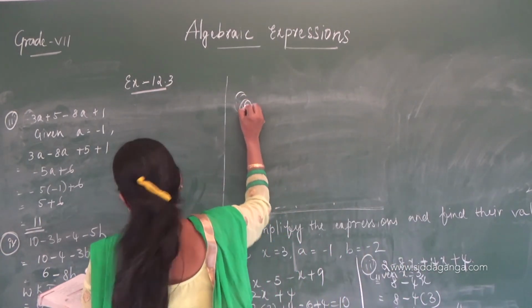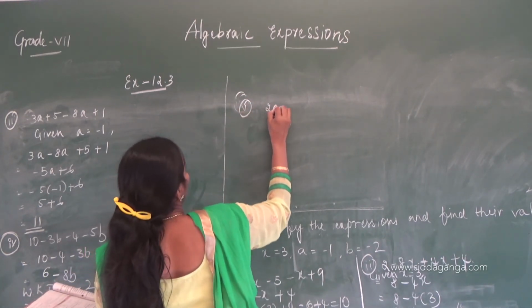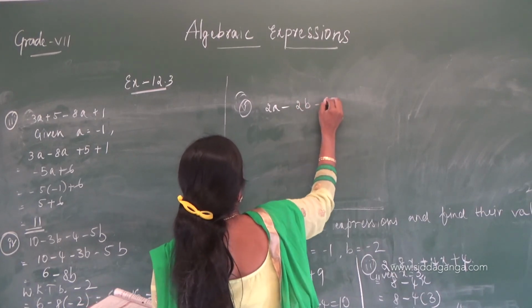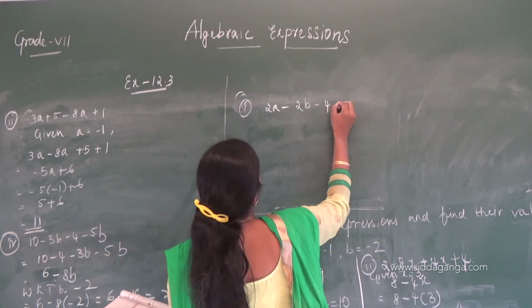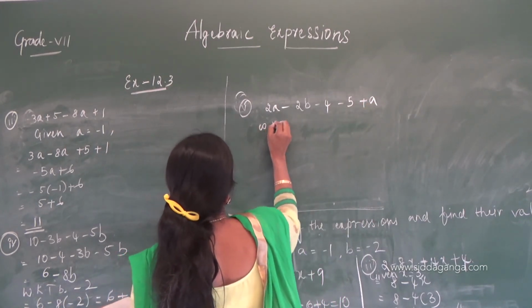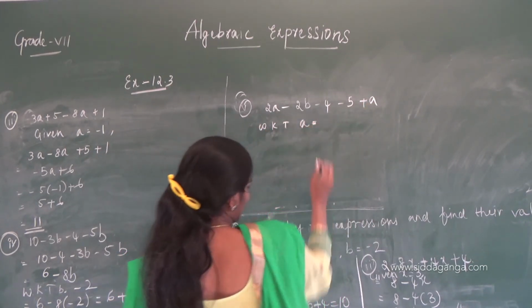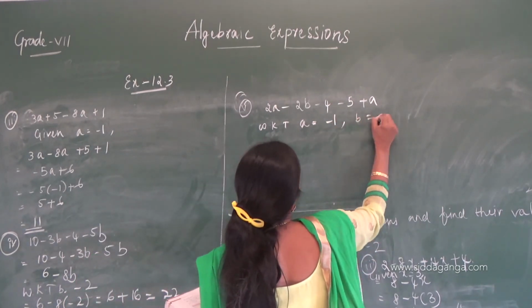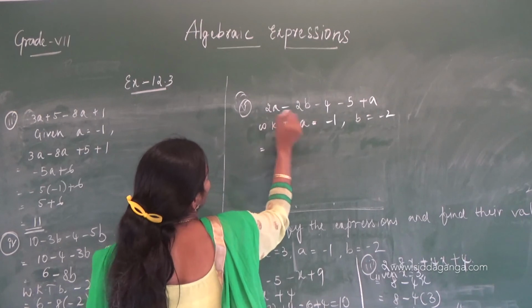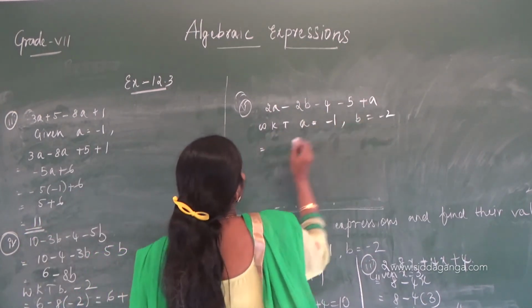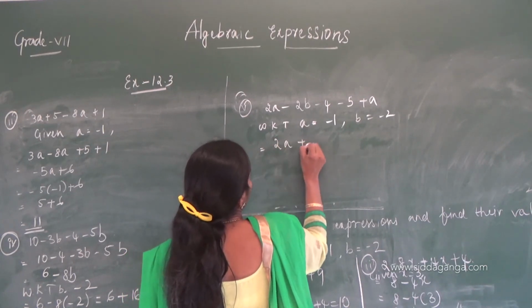Next question. 2a minus 2b minus 4 minus 5 plus a. We know that a equals minus 1, b equals minus 2. Just separate the like terms. 2a terms, 2a plus a.